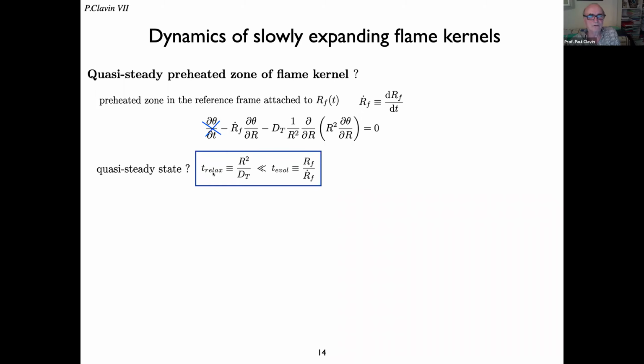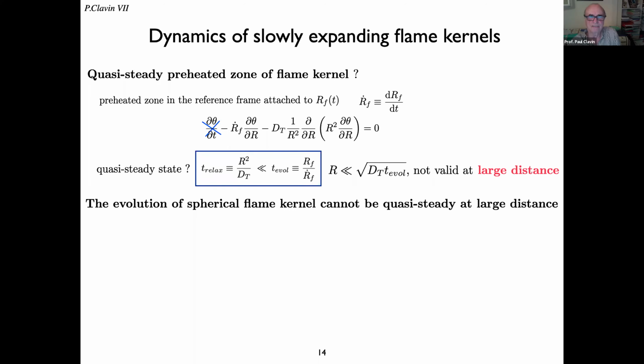The quasi-steady-state approximation, which will be useful if you can neglect this unsteady term here, is possible if this relaxation time toward the steady-state solution is much smaller than the evolution time. It turns out that this can never be the case at large distance.